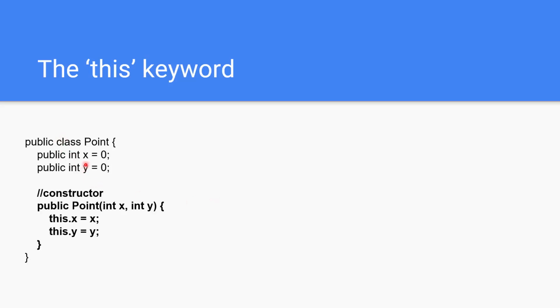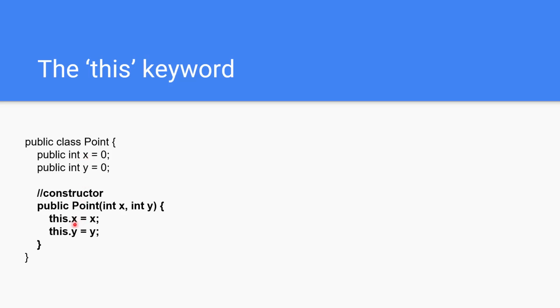So we can see here that we have our public integers x and y. Then we have local integers here in this method, which happens to be a constructor. When we are doing our assignment here, when we're calling this constructor, we are assigning whatever value we passed in for x to the current integer x.